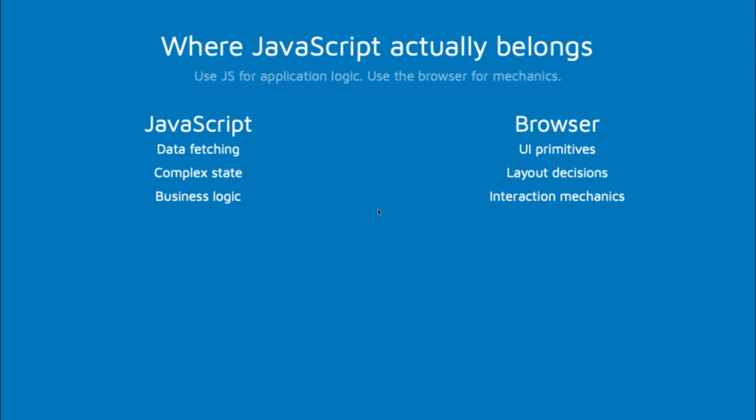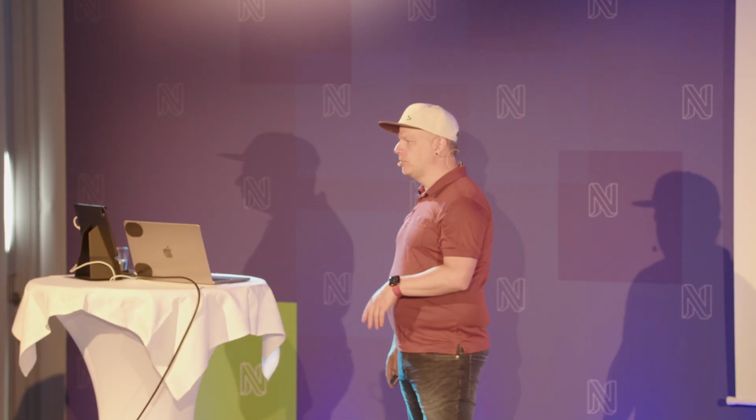But use the browser for these UI primitives, for these layout decisions, for these interaction mechanics. Just use it because it's faster and you don't have to write it anymore. So, in short, JavaScript orchestrates all this stuff and the browser executes. And you have to orchestrate less. You don't have to care about all these things anymore.